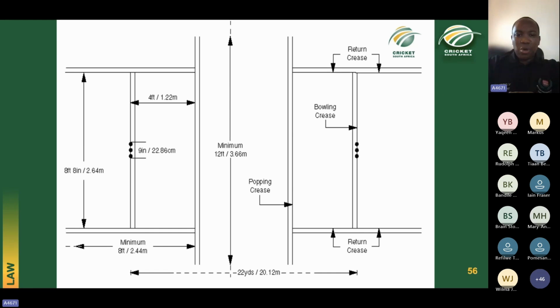And then what if you find that the length of the pitch is out? So what we have decided as a group of umpires at Western Province Cricket Umpires Association is if the measurement of the length of the pitch, which is supposed to be 20.12 meters, is too long or too short by up to 30 centimeters, we will allow that variance and we will not remark the creases.